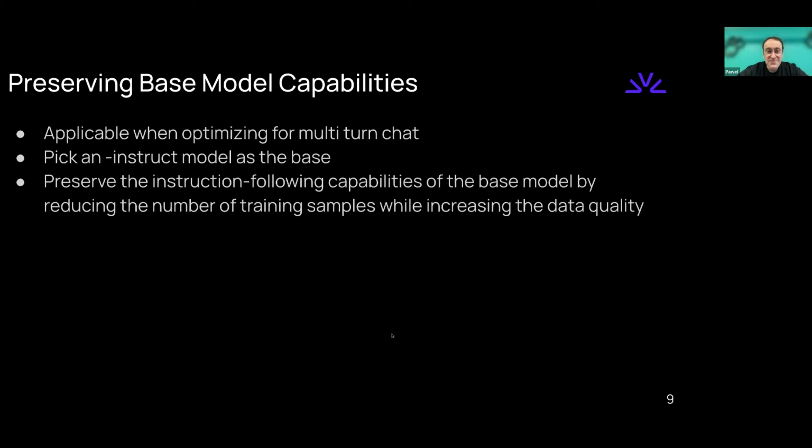Right. Okay. Another consideration you may take into account is around preserving the capabilities of the model you are tuning on top of. If you compare the quality of the models that we are getting nowadays to the quality of models we were getting, let's say, 6 months ago, we have seen a very significant improvement in instruction following capabilities.